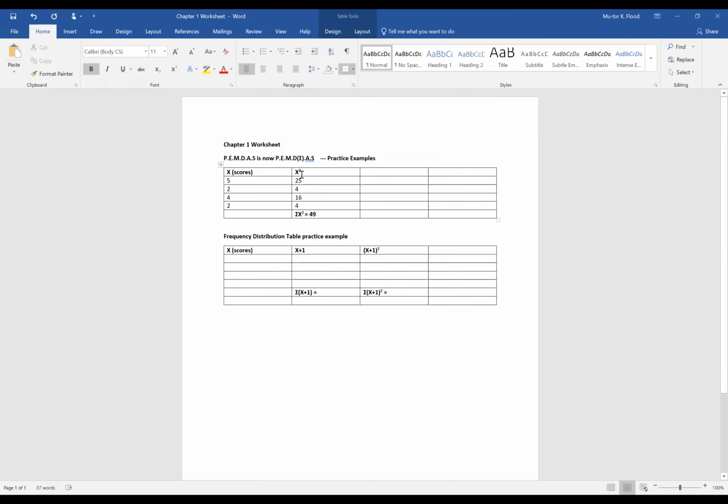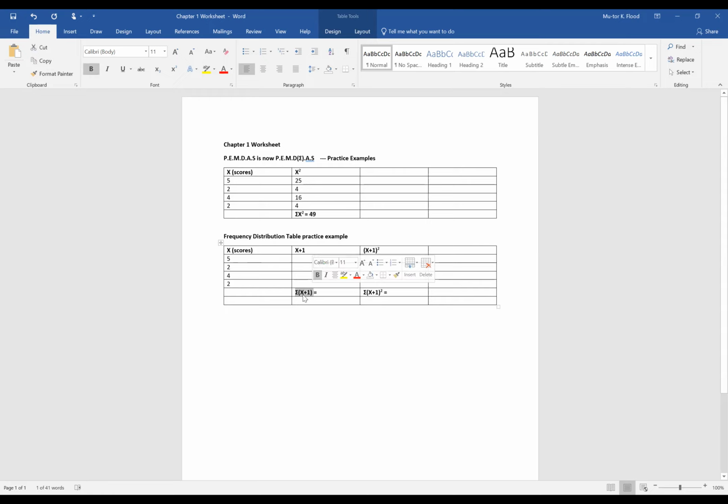All right. So now using those same scores for the X variable, we have 5, 2, 5, 2, 4, and 2. And this question is saying, solve for this equation.